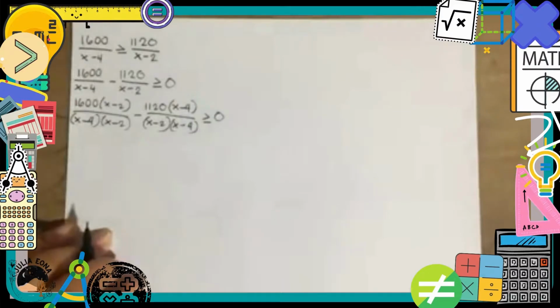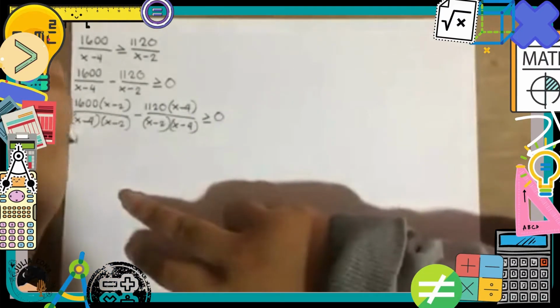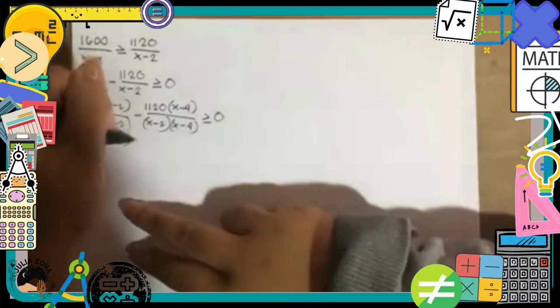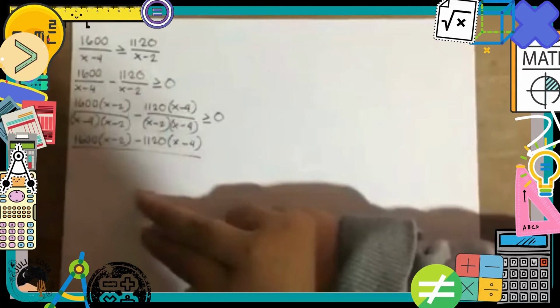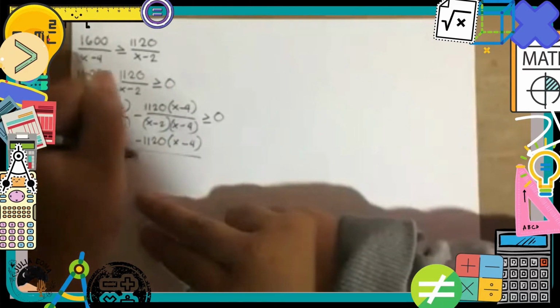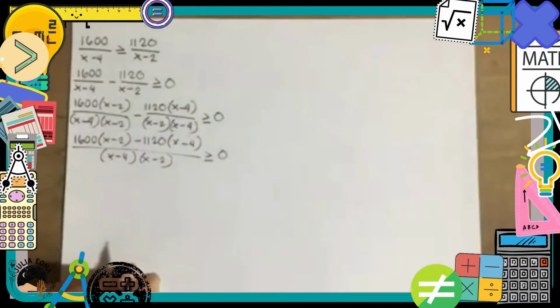Now, let's go ahead and put the numerators together. So we're going to have 1,600 times x minus 2 minus 1,120 times x minus 4 over x minus 4 times x minus 2 greater than or equal to 0.